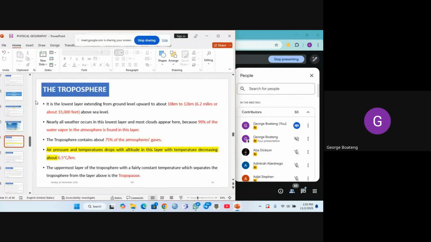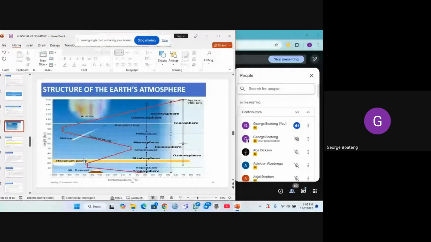When you get to the tropopause, you are at the boundary, the uppermost limit of the troposphere. That's the last limit. From there, temperature will become constant till it begins to change. And as soon as it begins to change, you enter a new layer called the stratosphere.